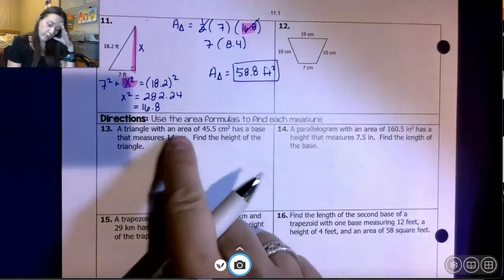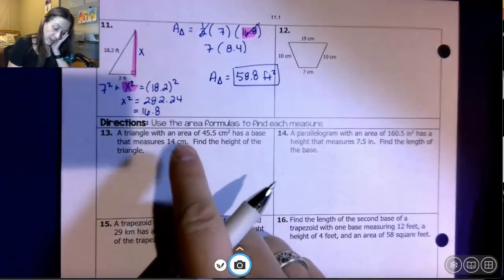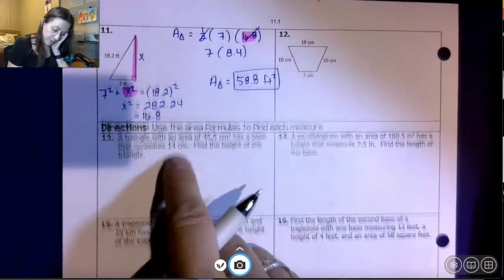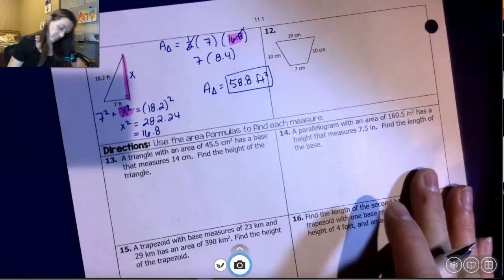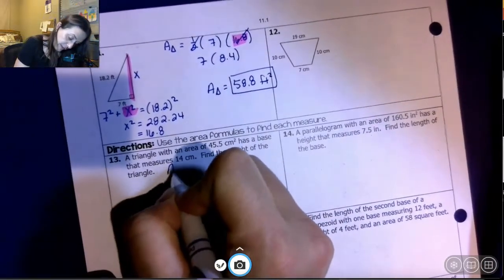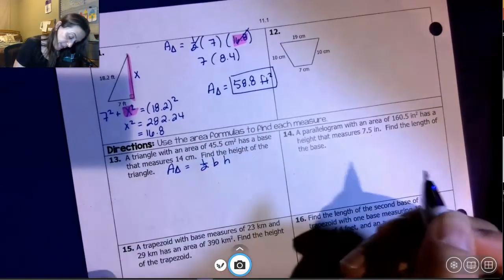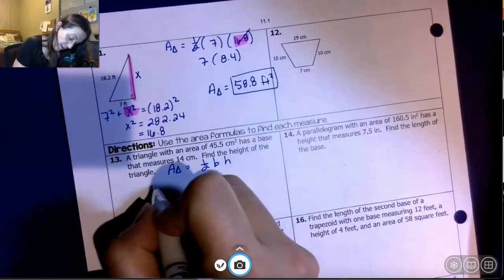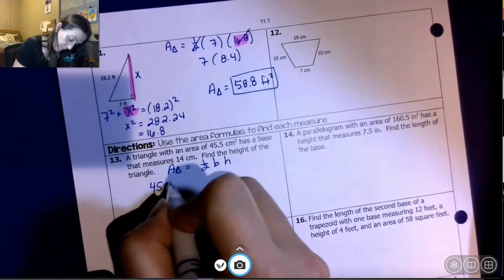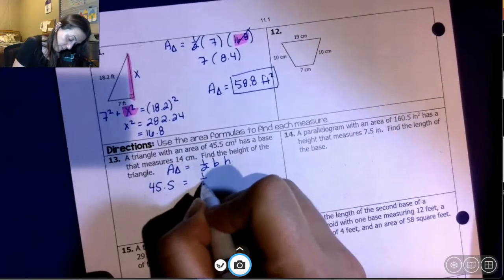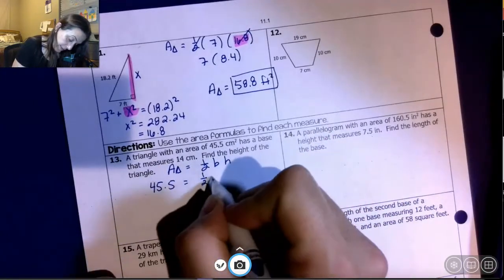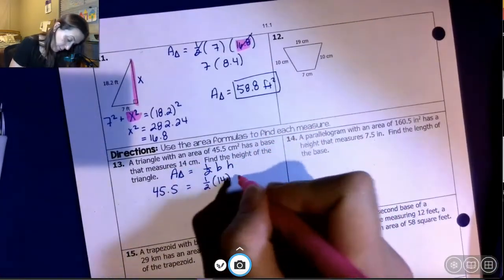Triangle with an area, oh, they're giving us the area here, has a base that measures 14, find the height. All right, so my formula is area of a triangle equals 1/2 base times height. The area is 45.5 equals 1/2. The base is 14, and I'm looking for the height.